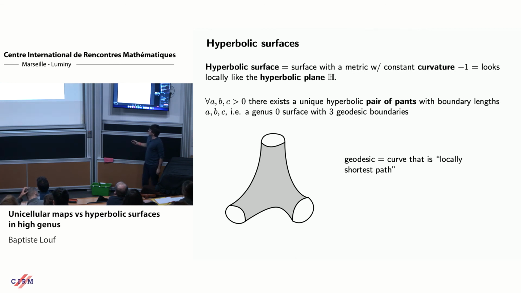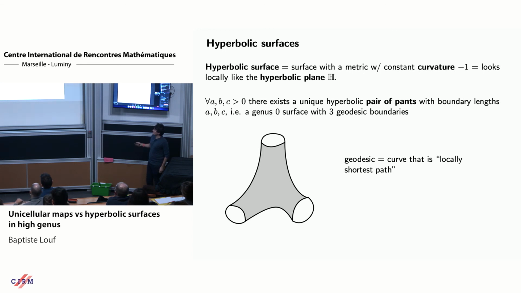And I'm going to talk a bit about some surfaces with boundaries. In the world of hyperbolic surfaces, there's a building block that's very important. It's called the hyperbolic pair of pants. So topologically, a pair of pants is just a sphere with 3 boundaries.